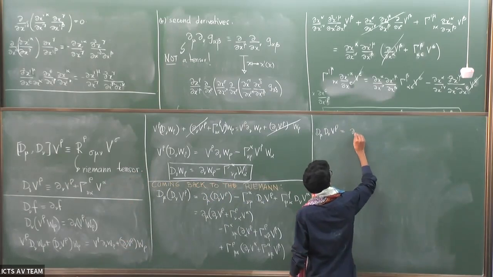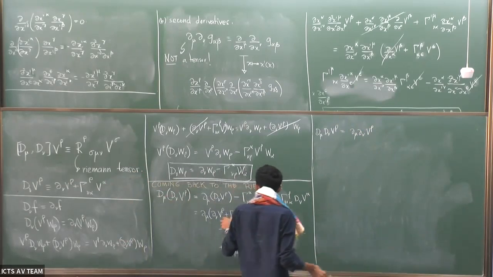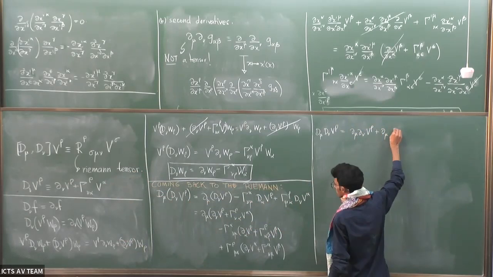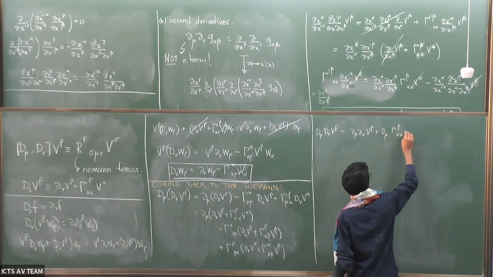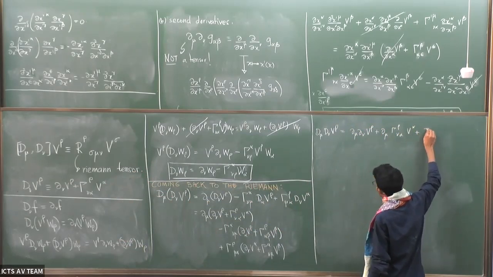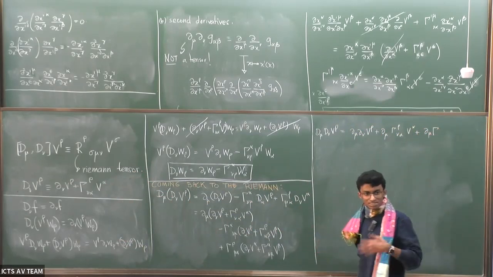So you get a del mu del nu v rho, which will cancel eventually when we anti-symmetrize. Yeah, now is when the work starts because I have to start differentiating. Plus del mu gamma rho nu alpha v alpha, plus gamma rho nu alpha del mu v alpha. As he says, if the v derivatives remain, it basically means I've made a mistake.